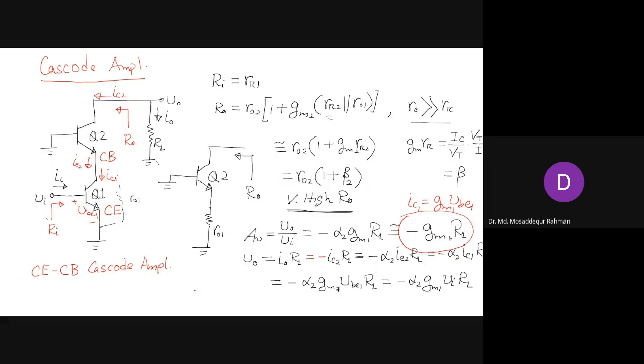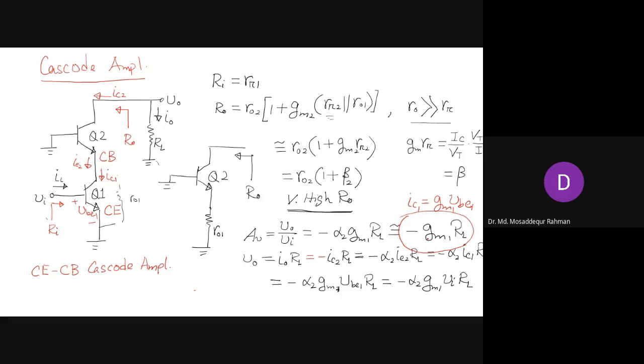So the gain of this cascode is independent of the output resistance of the transistor. R naught is not having any impact here. So that is the one major difference.